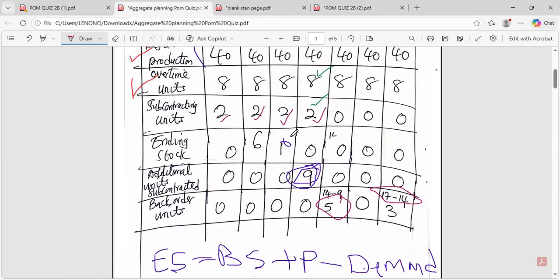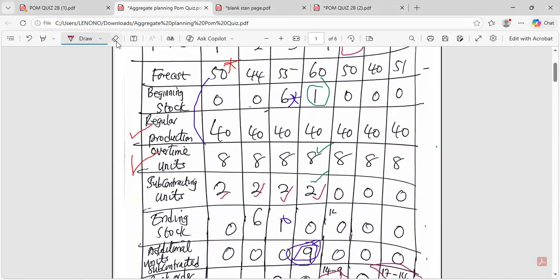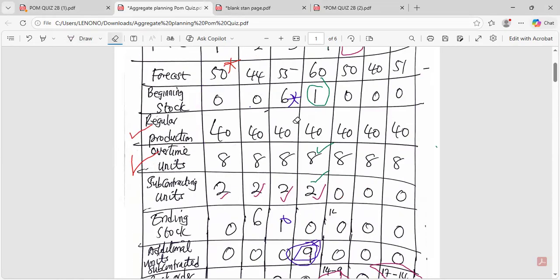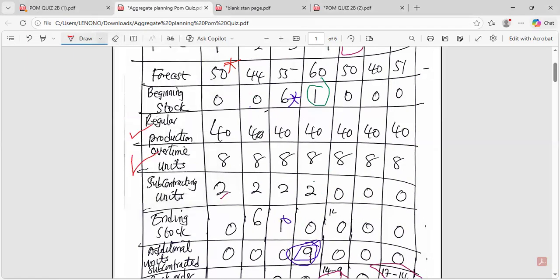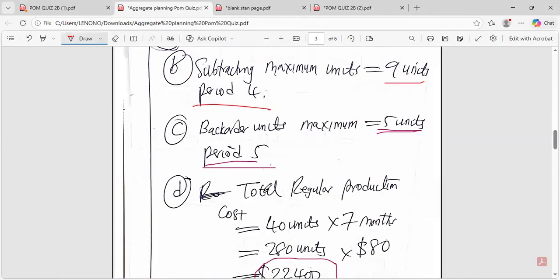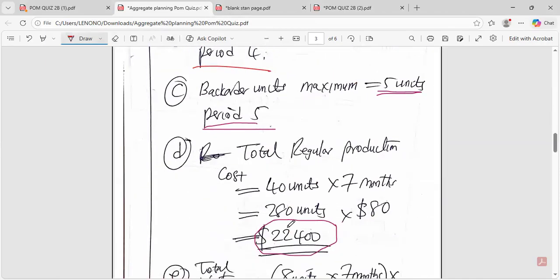What I was simply saying is that there are 40 units per month. These are regular production costs. So 40 units per month multiplied by 7 months, we are getting 280 units multiplied by $80.